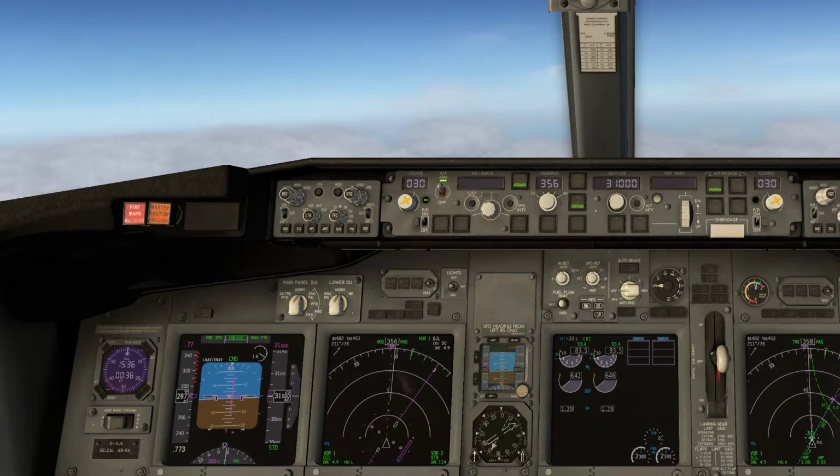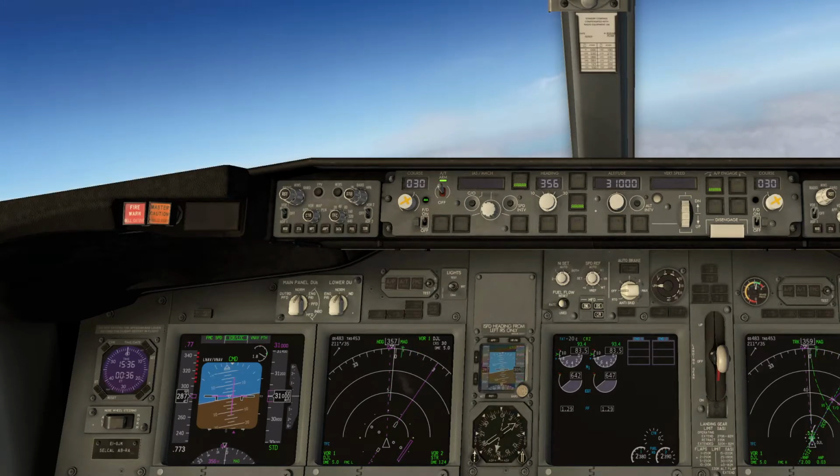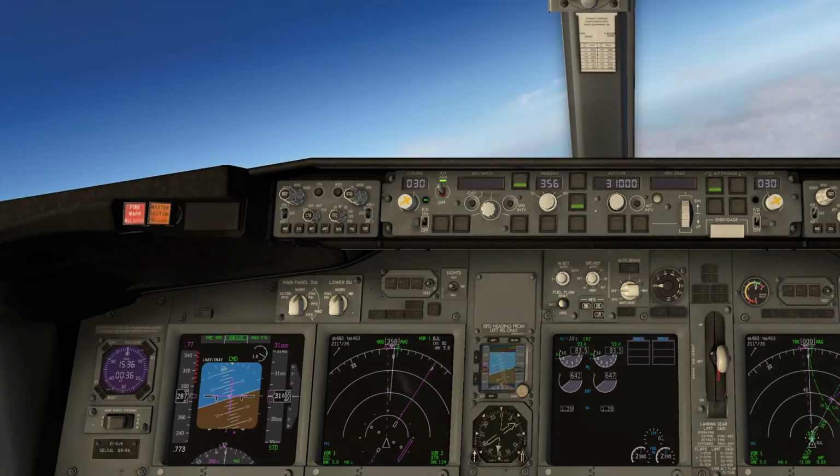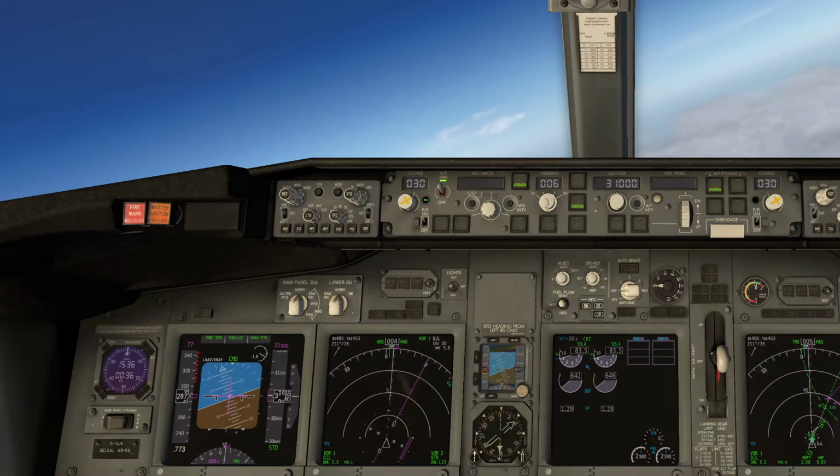And we pass Dijon, so we turn right. Radial 030. The wind's coming from the left, it'll be a little less.